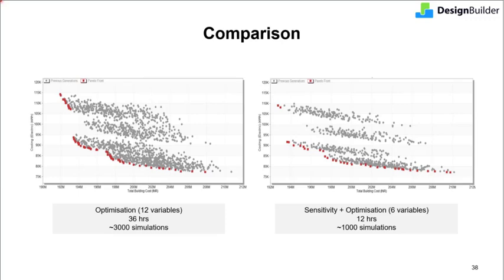The optimization exercise at this point only had 6 variables to look into, and therefore we can see that running a sensitivity analysis as a precursor to optimization makes optimization more effective and reduces the simulation time.